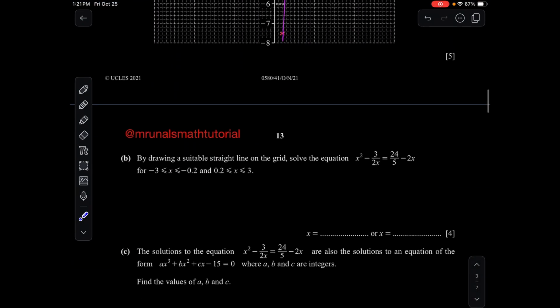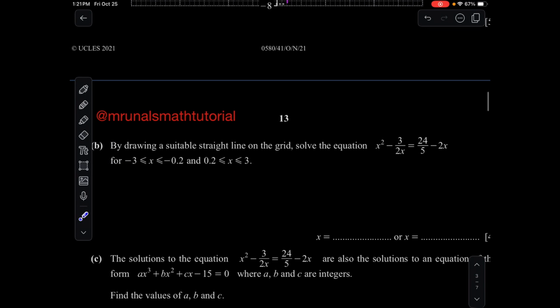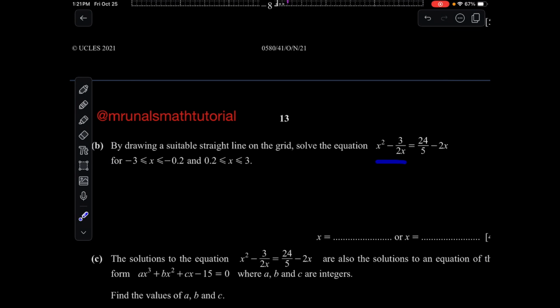So now we can substitute this left side as y. So y is going to be equal to 24 over 5, which is 4.8. It's easier to work with decimals, minus 2x. So to draw any straight line, we just need 2 points.